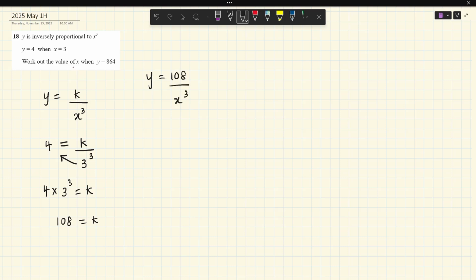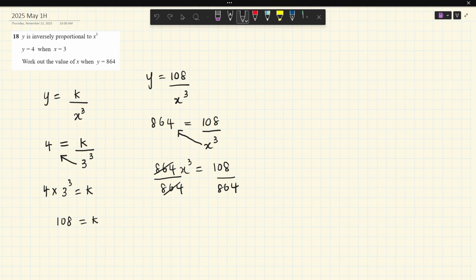Now we need to find x when y equals 864. So 864 equals 108 over x to the power 3. I'm going to cross multiply here. So 864 x to the power 3 equals 108. Both sides divide by 864, 864 gets cancelled, here x to the power 3.